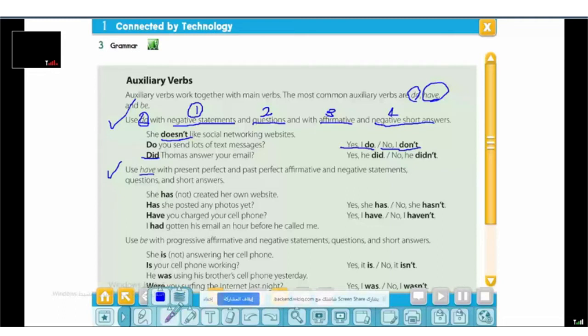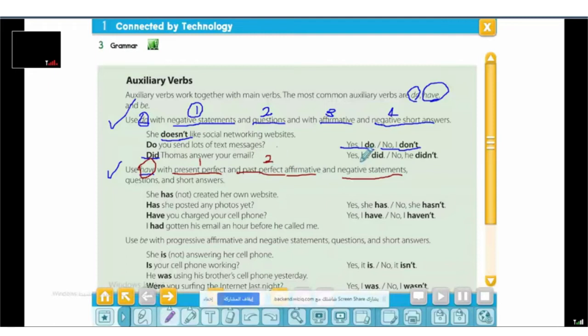Let's change color. Present perfect. We use have as a second auxiliary. We use have with present perfect, number one, and past perfect affirmative, and negative statements. This is number two.